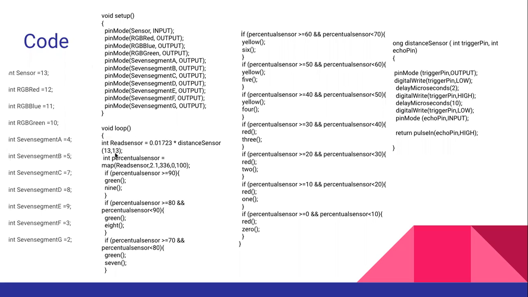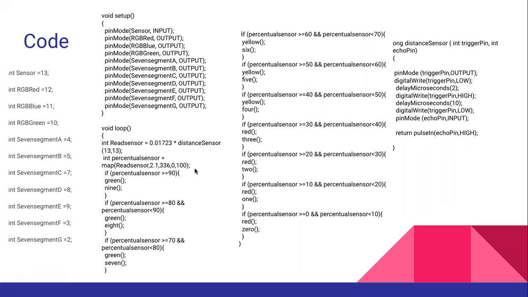Then we used the loop, the code that lets the Arduino tell us the distance in centimeters, so we will be able to know how far the level of the water was. Then we map the number that we were given, from the minimum that the Arduino can read, which is 2.1 centimeters, to the maximum, which is 336, and we map that to give us a value from 0 to 100.